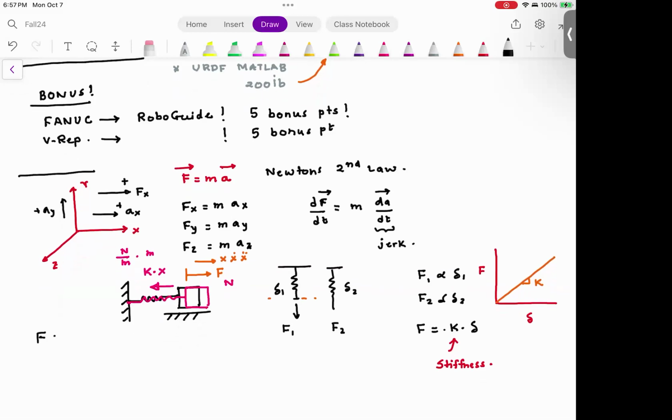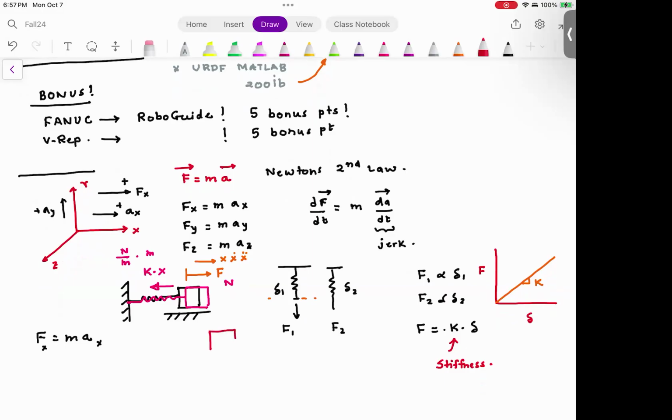Newton's law is force is equal to mass times acceleration, and everything is in the x direction. Do you agree with me? x double dot is my acceleration, and I'm going to write down the forces. I see that there is only one force, k times x.